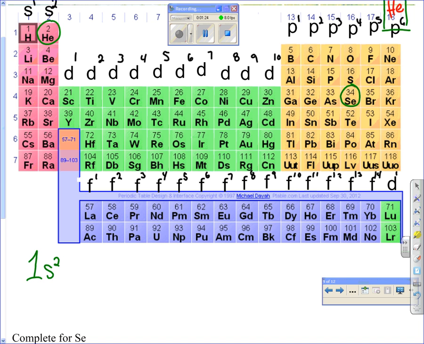The next stop is always beryllium, so that's going to be 2s2. We continue through our stops, and neon is our next stop, which is 2p6. Next stop is magnesium, which is 3s2. Continuing on to argon, which is 3p6. Then to calcium, which is 4s2.